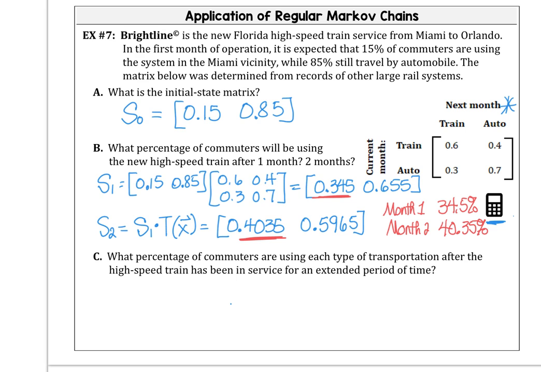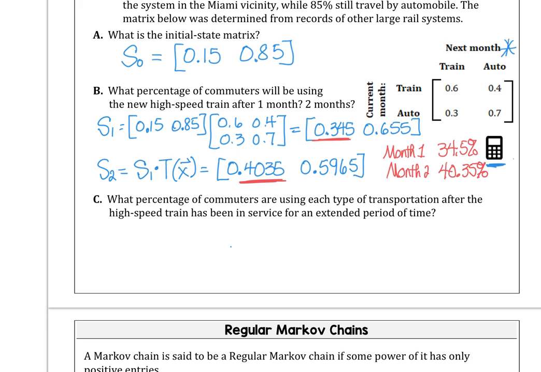Part C, what percentage of commuters are using each type of transportation after the high-speed train has been in service for an extended period of time. Again, not to overtax my calculator, but if we try the transformation of x at the 20th power, so 20 months later, and you can try several, you can try 21, 24, and see if this becomes a steady state on your calculator.